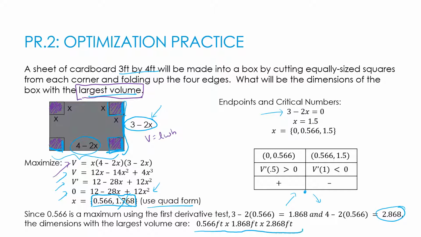So again, or sorry, not the volume, I apologize. The dimensions of the box, we didn't ask for the volume, so the dimensions of the box were x by 3 minus 2x by 4 minus 2x. So this was 4 minus 2x, and this was 3 minus 2x, and that's where I got my 3 values from.